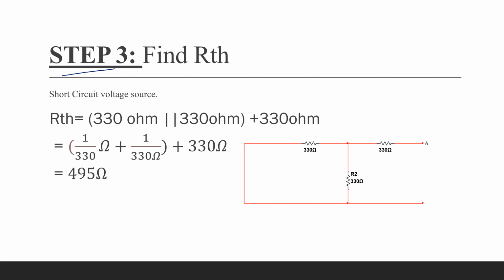Third step, find Rth. To find Rth, we have to remove the voltage source. To remove the voltage source, we just have to short the circuit.